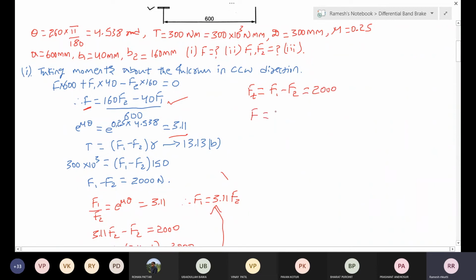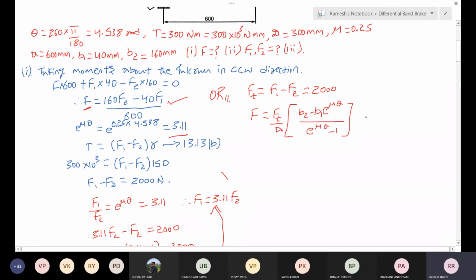This is the other method. Therefore, F is equal to (Ft/A) times (B2 - B1 e^(μθ)) divided by (e^(μθ) - 1).